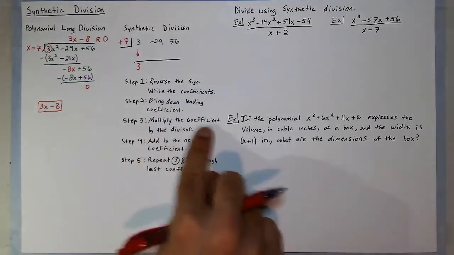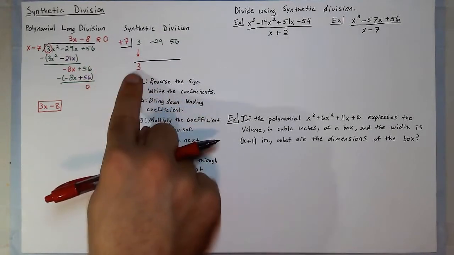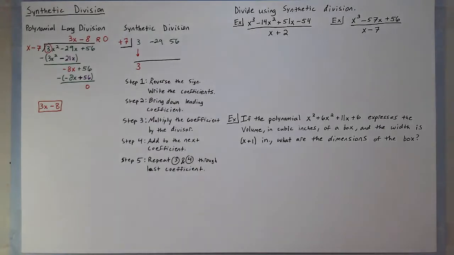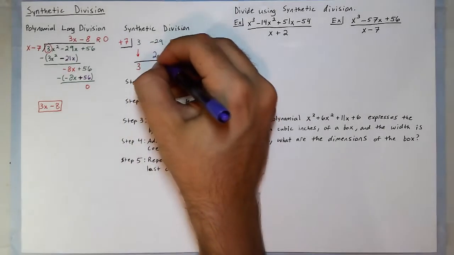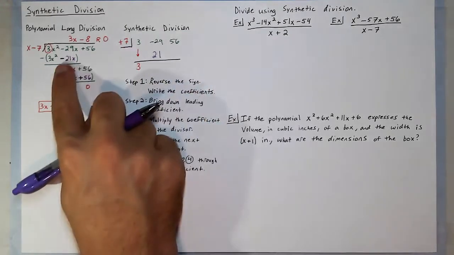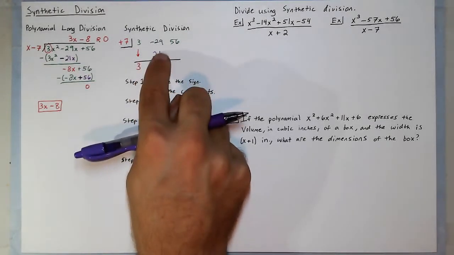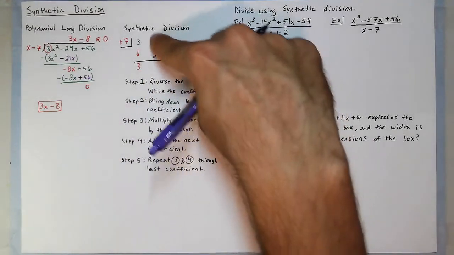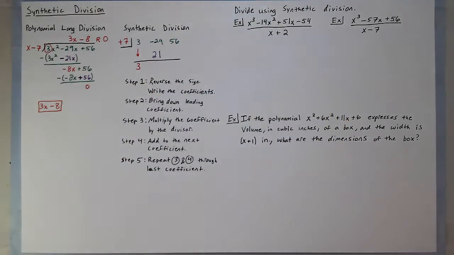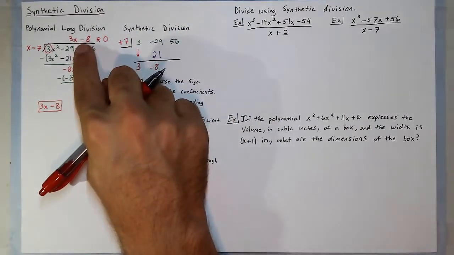So multiply the coefficient I just brought down by the divisor, 7 times 3, which gives me 21. And since I've already made this opposite, I don't have to worry about the double negative that makes it positive 21. It's already positive 21. And now I can just add to the next coefficient. So -29 plus 21 gives me -8, which was part of my answer as well.